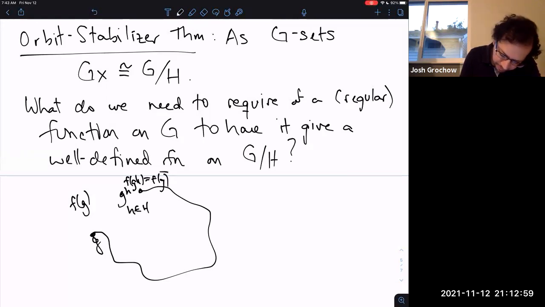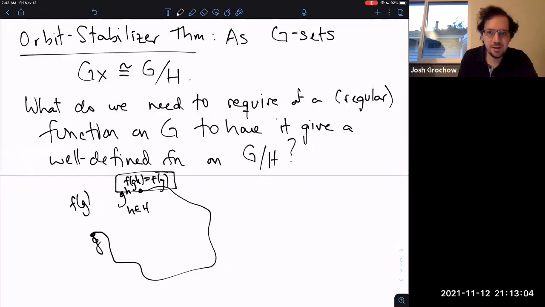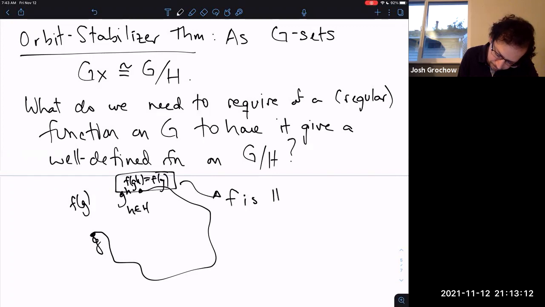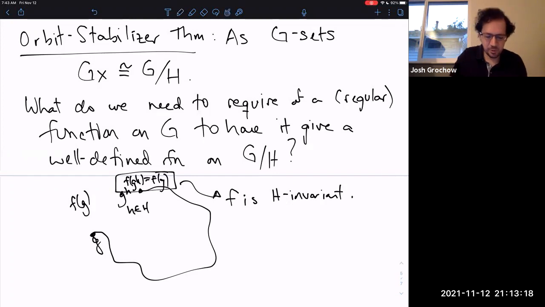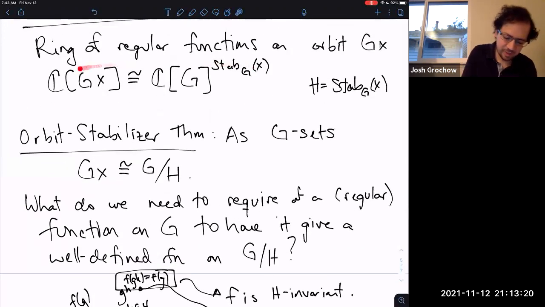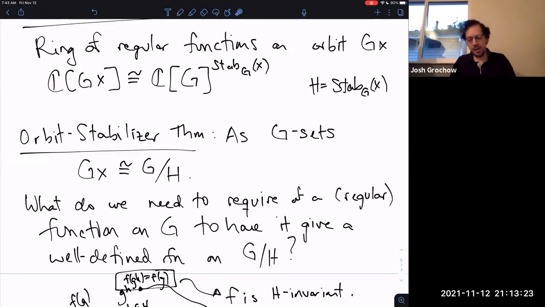But this is precisely saying that f is H-invariant.